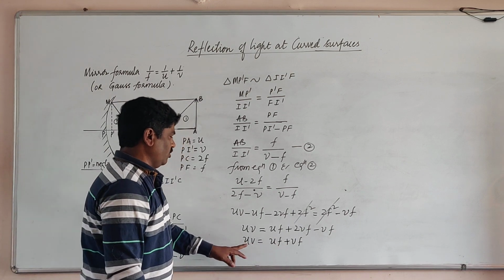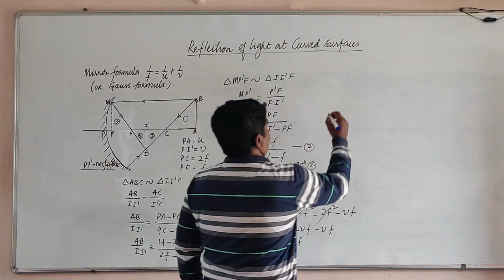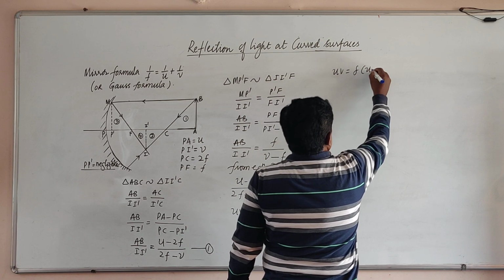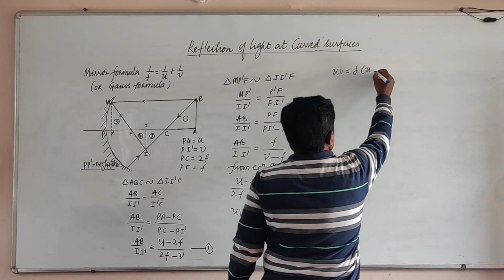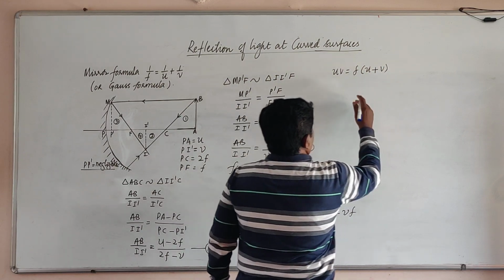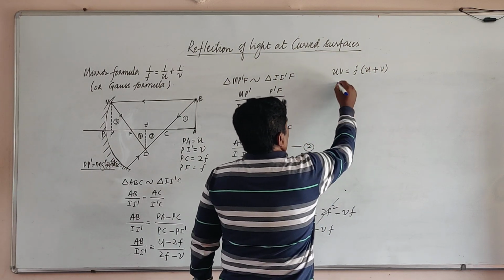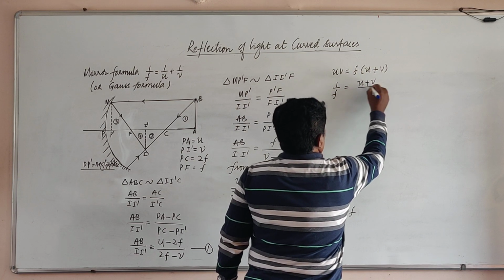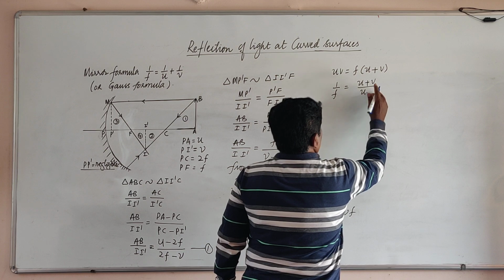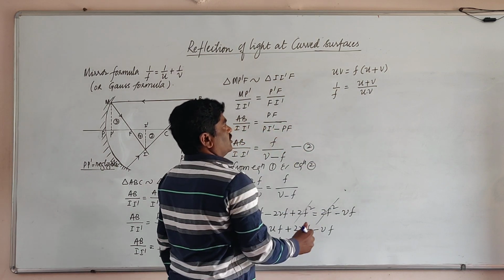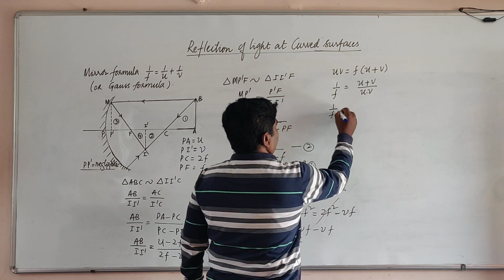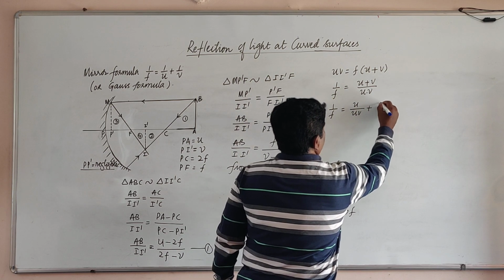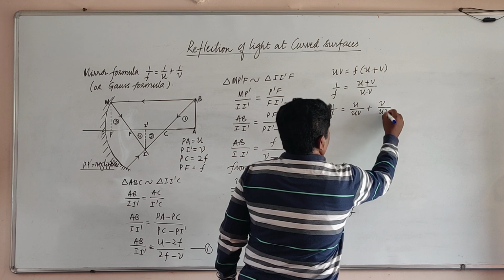If F is taken common in this way, UV equals F into U plus V you can write. Therefore 1 by F is equal to U plus V by UV. On cross multiplication, therefore 1 by F is equal to U by UV plus V by UV you can write.